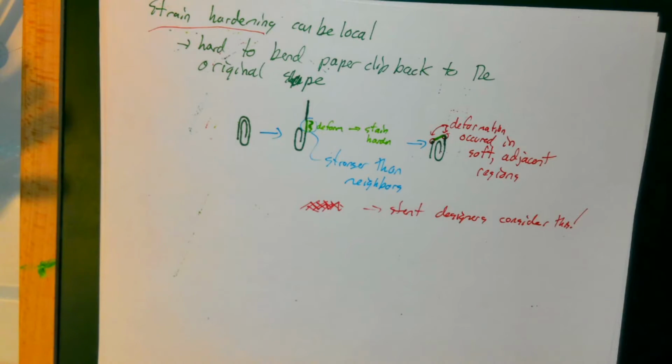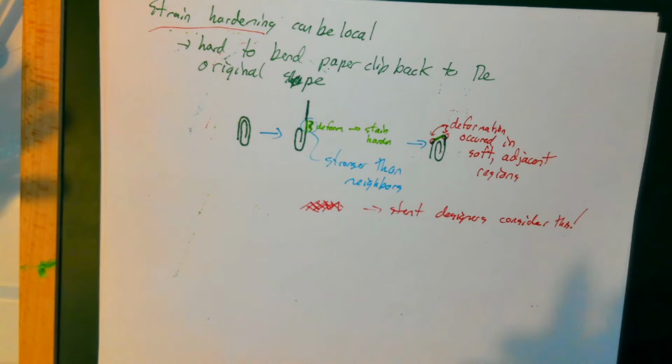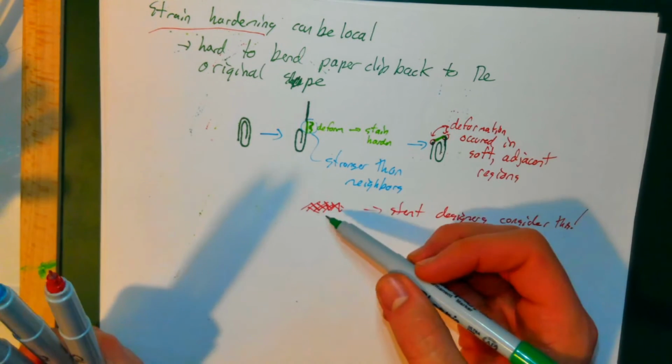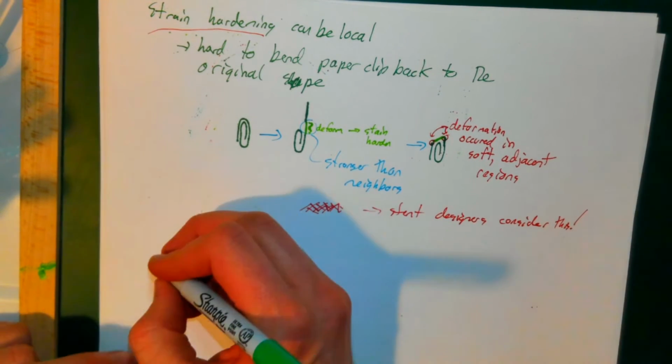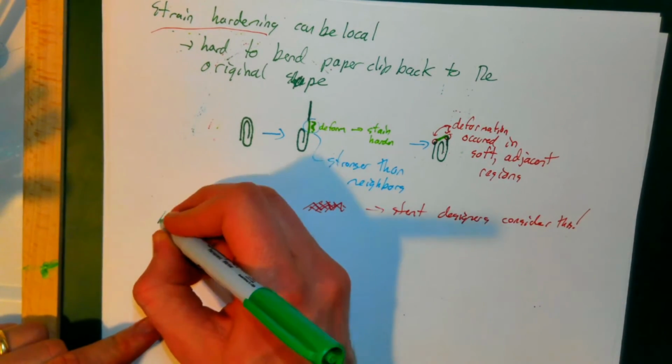And this idea of strain hardening being a local phenomenon isn't something that occurs just within paper clips and stents, but it can also occur in tensile tests of materials.